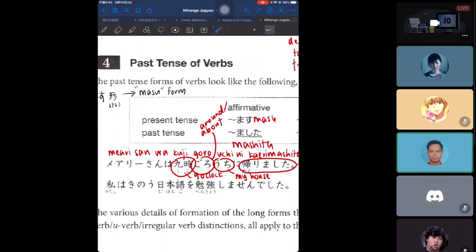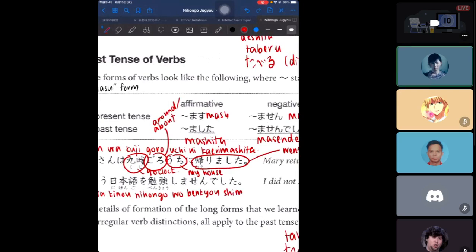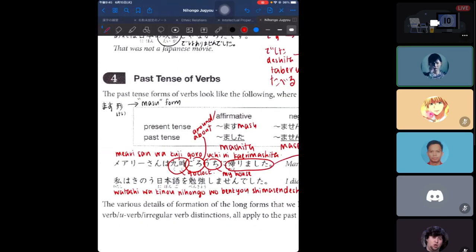私は昨日日本語を勉強しませんでした。What is 昨日? Yesterday. 昨日 is yesterday. 日本語 is the Japanese language. 何々語, this kanji, usually refers to a language.